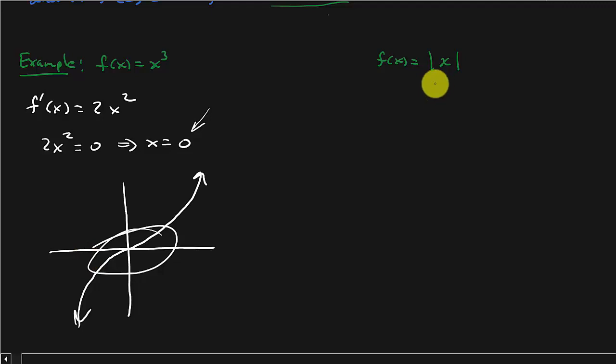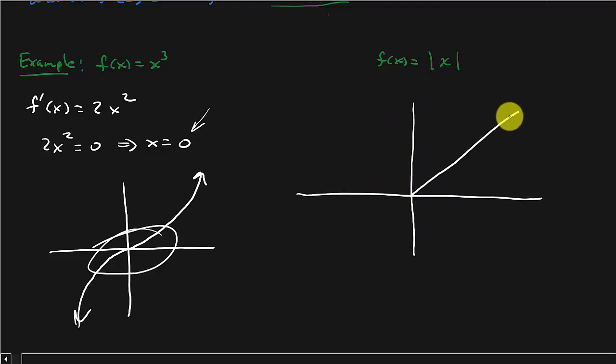And then let's look at this one. We've got f of x is equal to the absolute value of x. Well, there's the graph of absolute value, right?